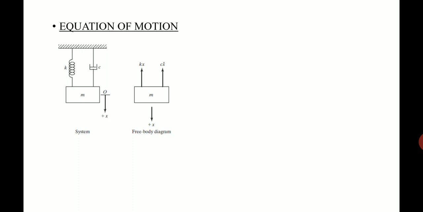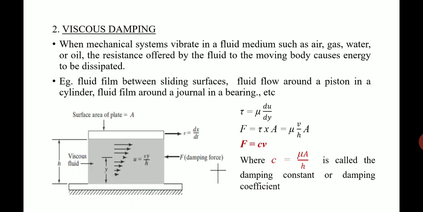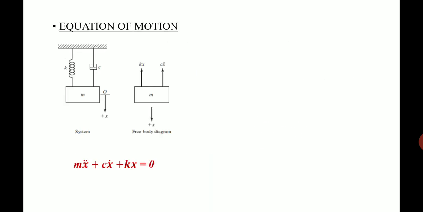So here we have the spring force towards the up direction, and the damping force is also acting upward, and the applied forces are towards the downward direction, and the inertia force corresponding to the applied force will be acting towards the upward direction. So all the three forces are directed in the same way, towards the top. So the equation of motion will be m x double dot plus c x dot plus k x is equal to 0, considering equilibrium.